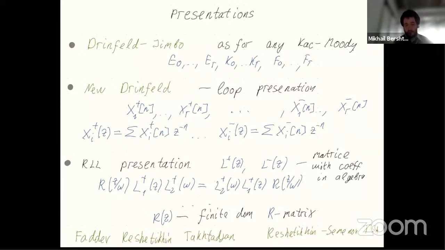And maybe one last, informal remark: if you want to prove something non-trivial about quantum affine algebra, to use it somehow non-trivially, then you have to use at least two of these presentations.